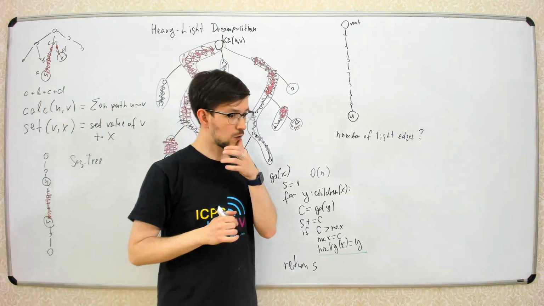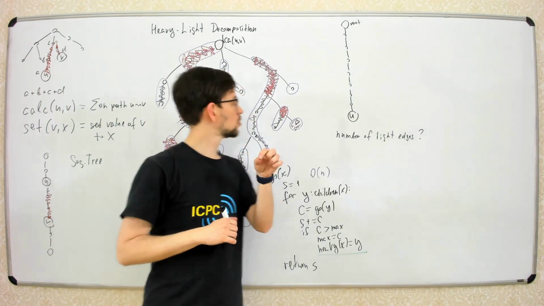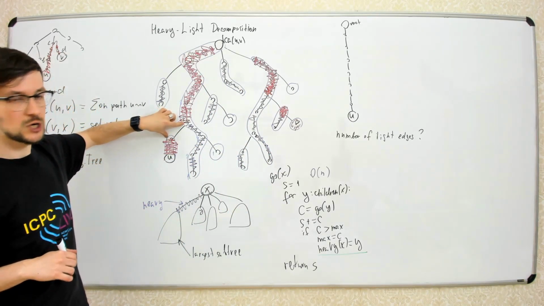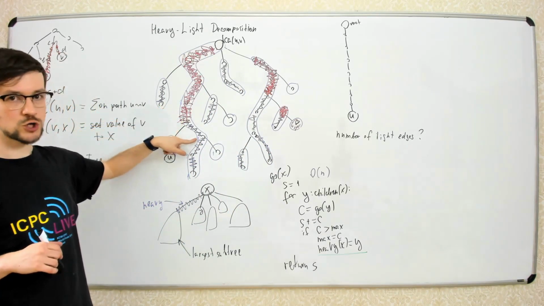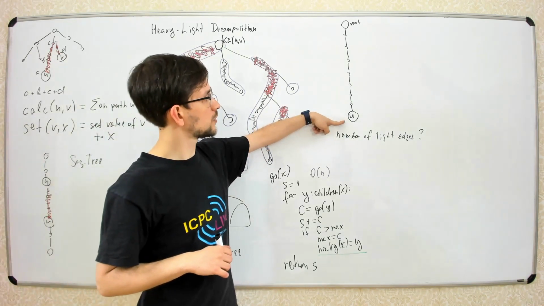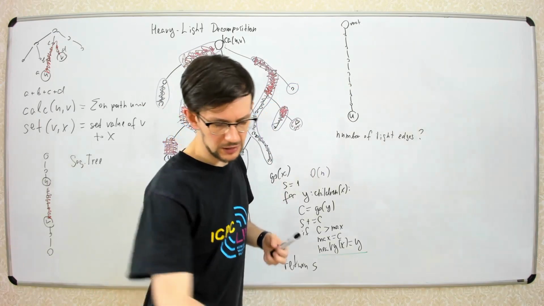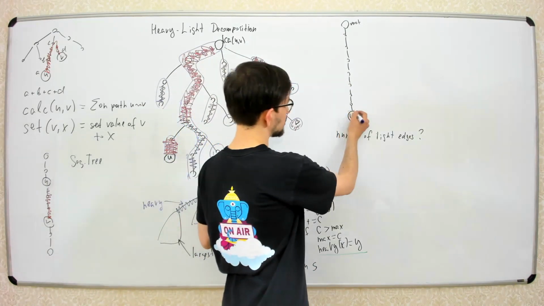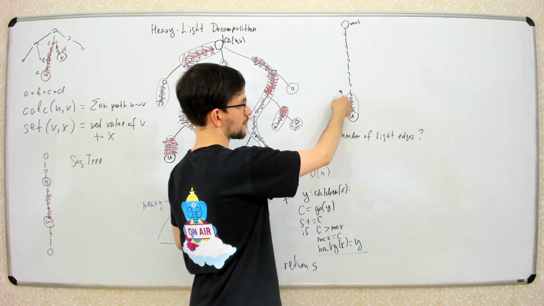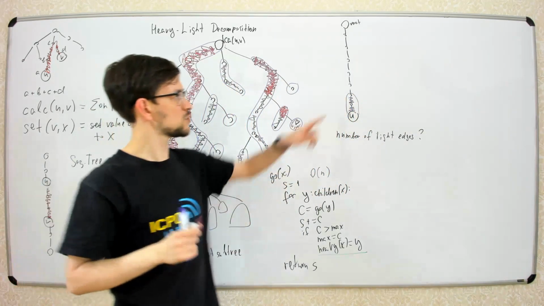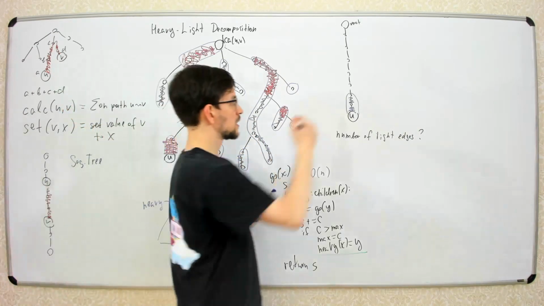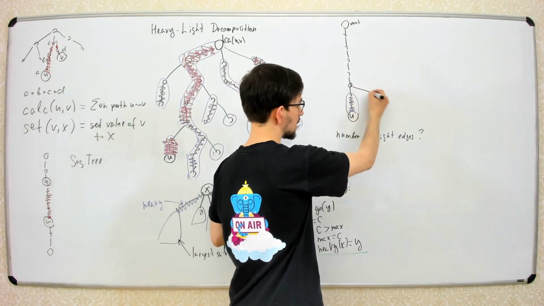Why is this number small? Because each time you take a light edge, it means there is another edge which is heavy. So when you start from this node and go to the root, you take some segment of the heavy path and then you have this light edge. When you have the light edge, it means that for this node there is another edge which is heavy.